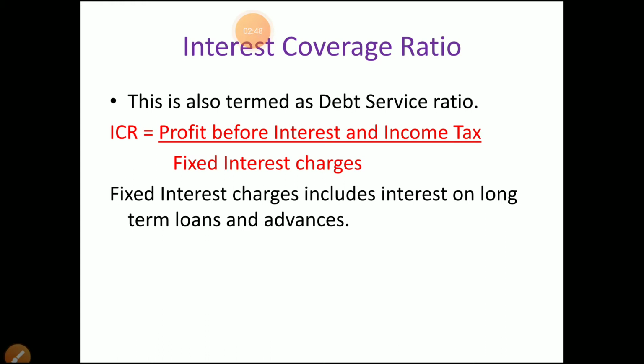For that 80, suppose 30 rupees tax, then 80 minus 30, so the real profit after interest and tax becomes 50, we can assume 50,000. So this way the profit will reduce after the payment of interest and tax.